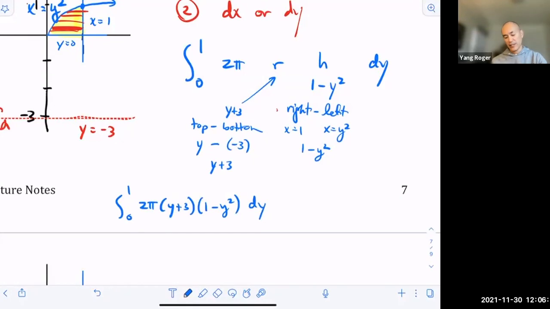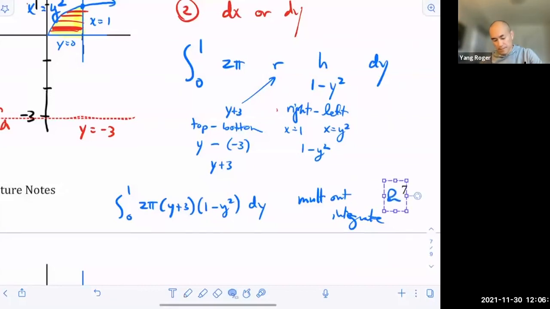So to integrate this, you got to multiply it all out and integrate. So when I say multiply it all out, I mean got to FOIL. See, I distribute. Does that make sense?